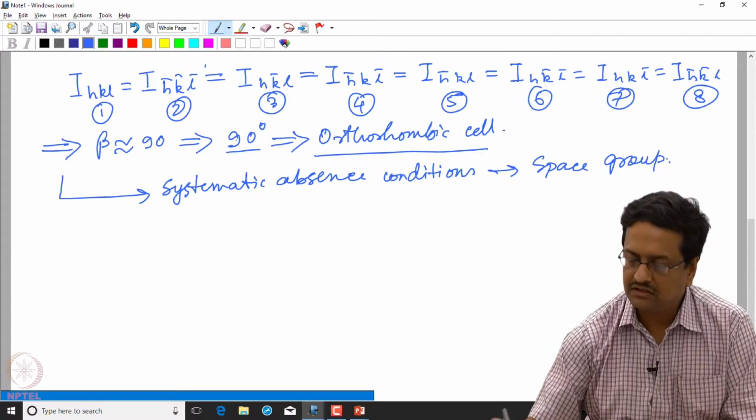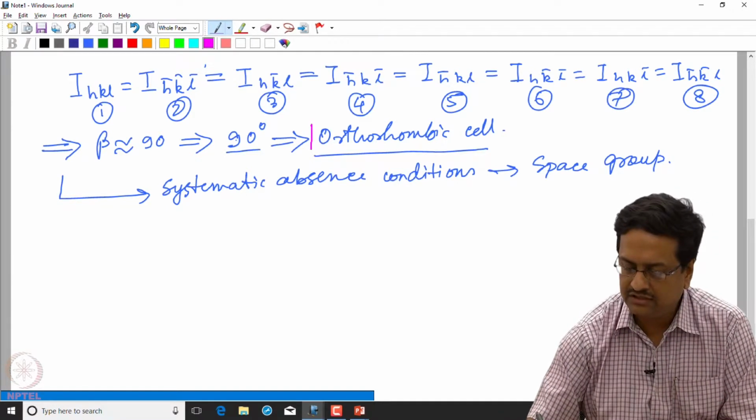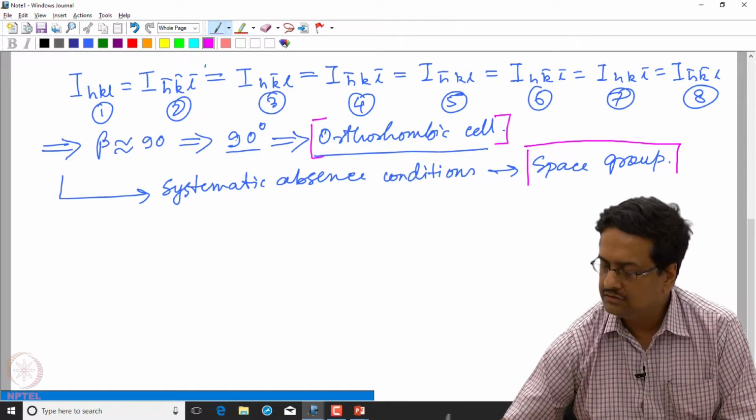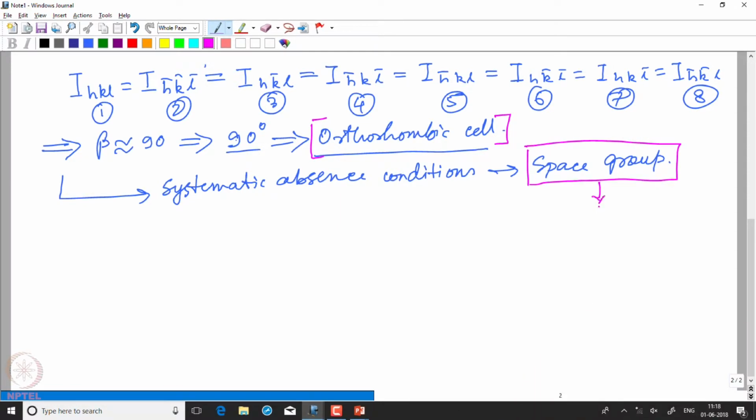so if our unit cell that we are determining here is not right, we will fail to determine the correct space group. So the systematic absence conditions will fail to determine the correct space group.